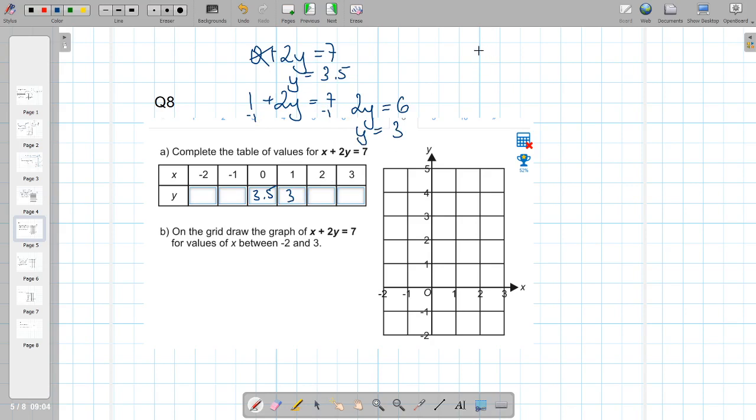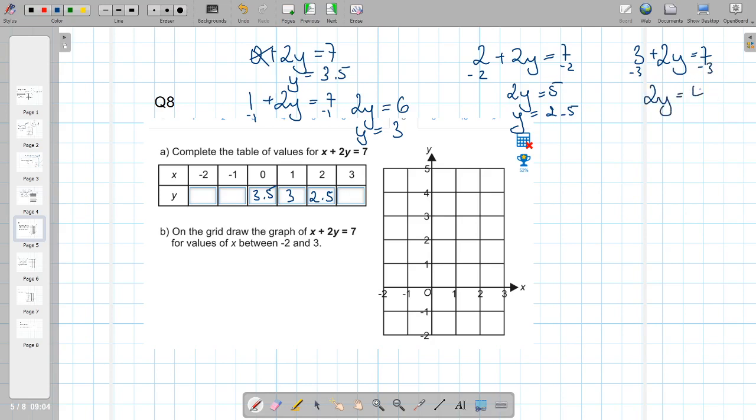For the next one, we've got 2 plus 2y equals 7, so we take away 2 on both sides, and we end up with 2y equals 5, so y equals 2.5. For the next one, we'll have 3 plus 2y equals 7, so I need to take away 3, 2y equals 4, so y equals 2.